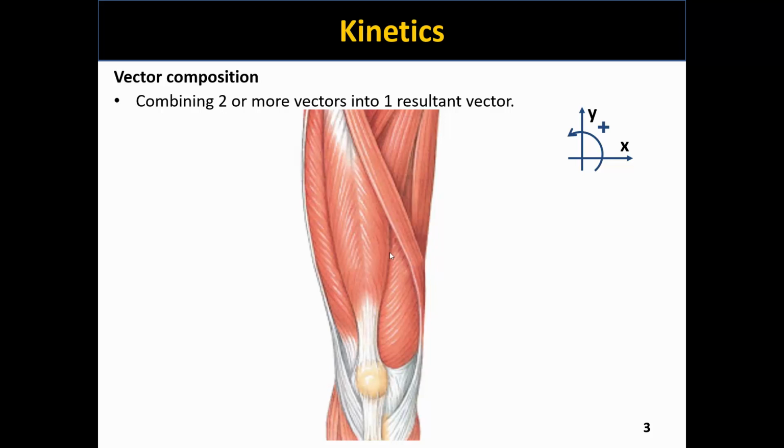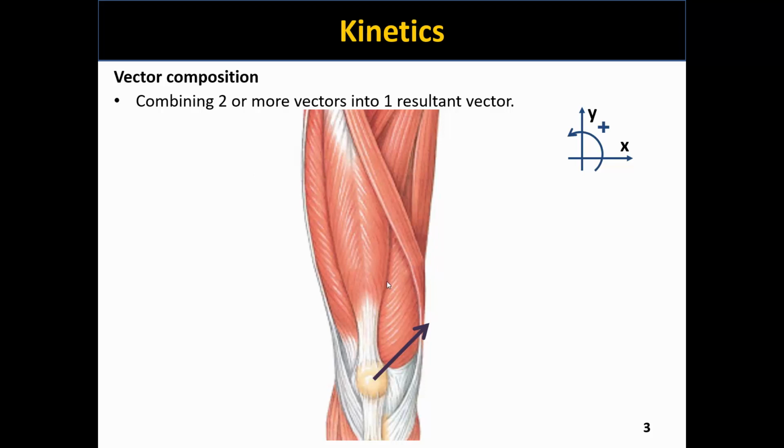And so what we see here is an illustration of the anterior thigh muscles, or the quadriceps femoris muscles. And it seems a bit subtle, but it's very important that in the upper right hand corner I have drawn a coordinate system that will be used to interpret all of the vectors of this particular scenario.